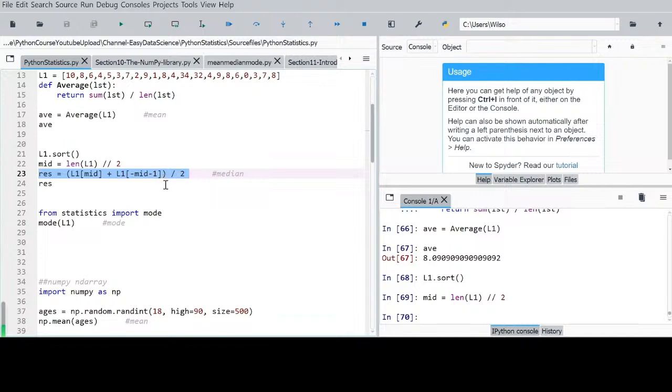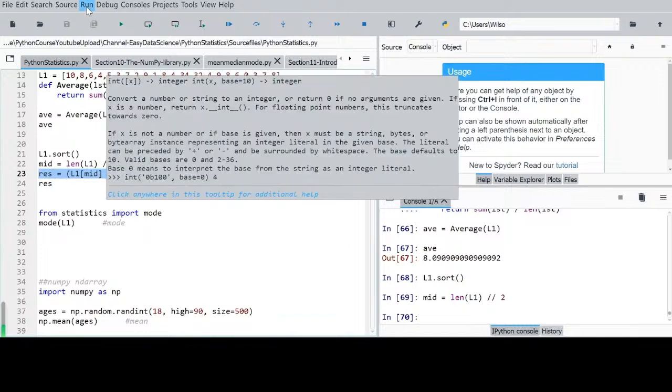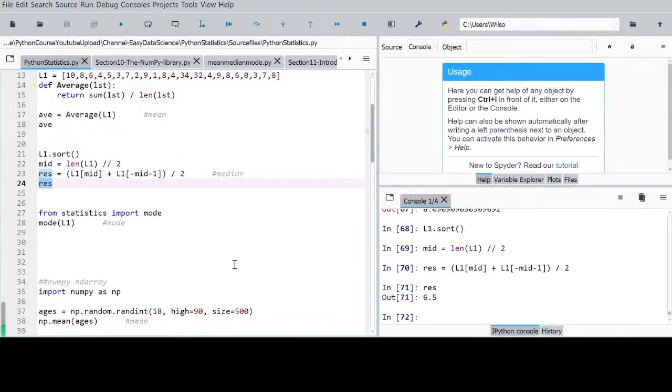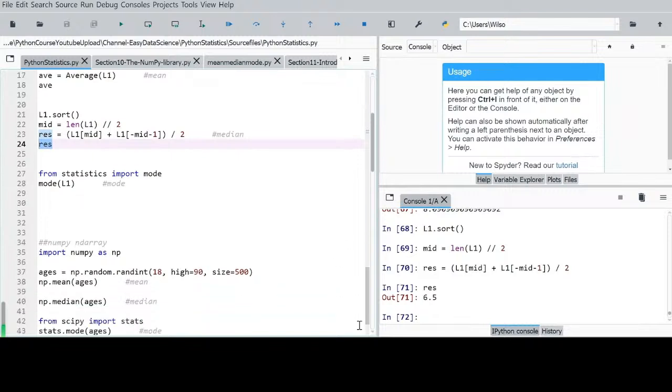So no matter whether the length of this list is odd or even, this number will be the median of this list. So the list has a median of 6.5 here.